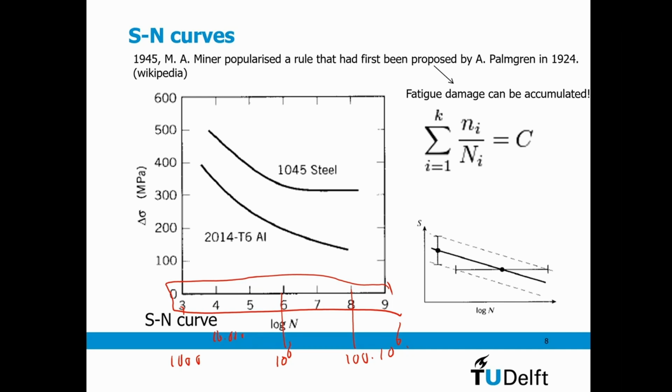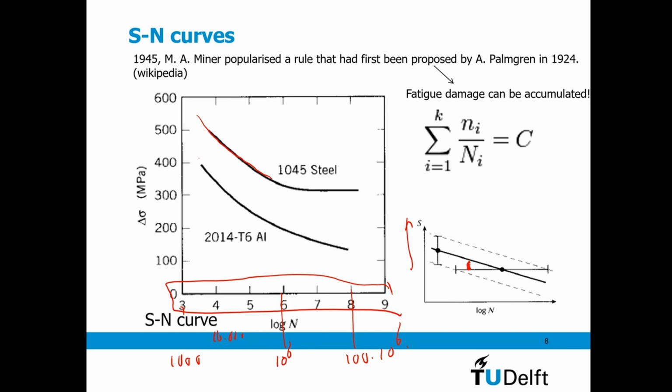The idea is these curves look like this, but very often engineers want to represent that with straight lines. And then if this one is log and this one is a normal scale, then this angle determines the fatigue vulnerability.